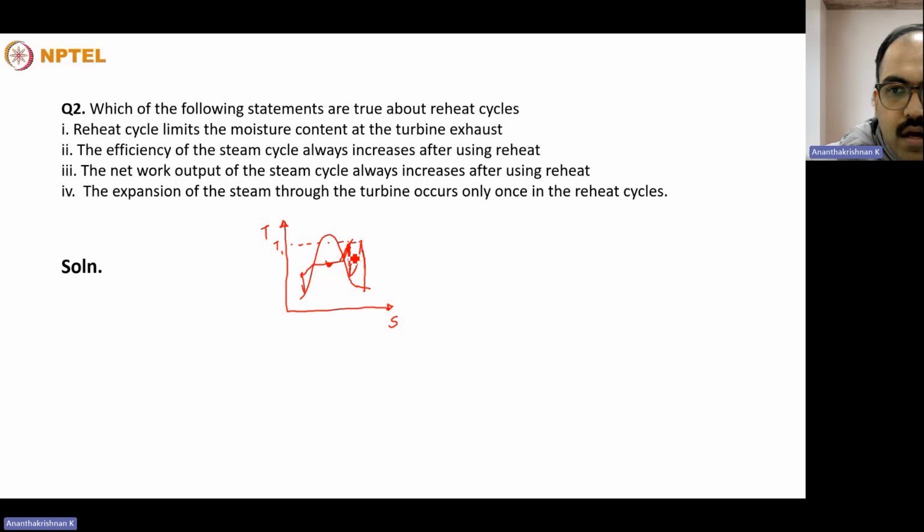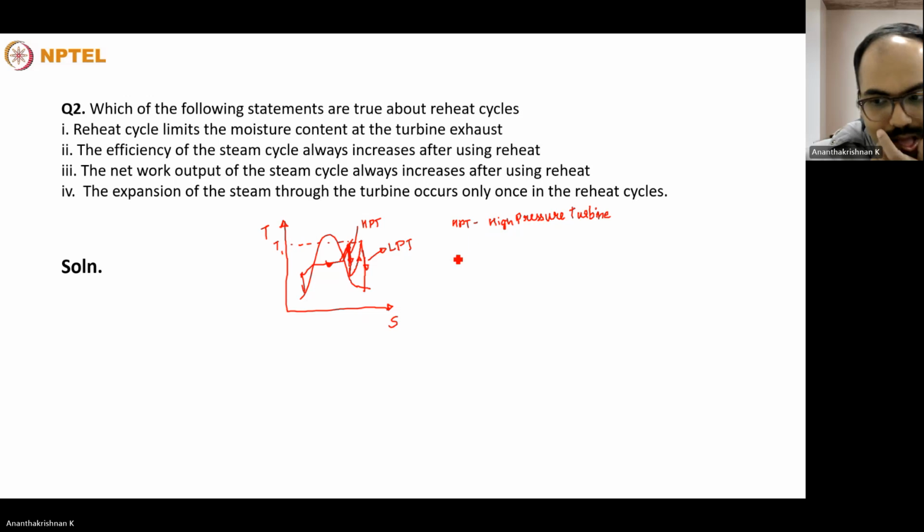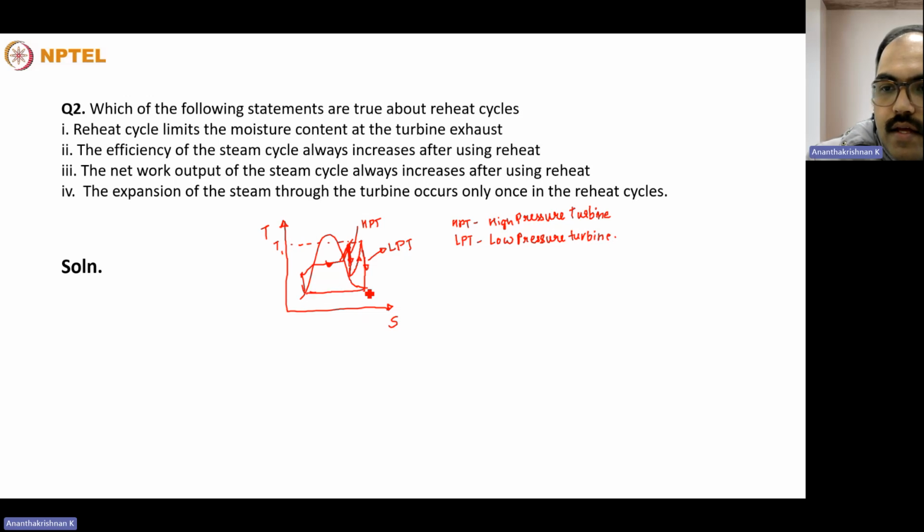So this is a high pressure turbine, and this is a low pressure turbine. And then there will be heat rejection in the condenser. So basically, there are four processes.